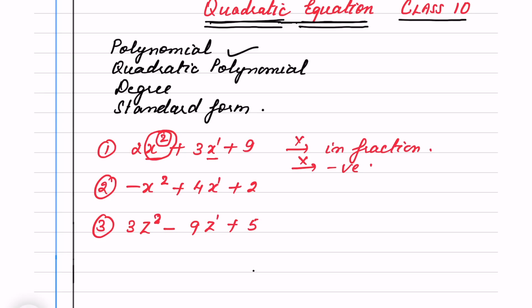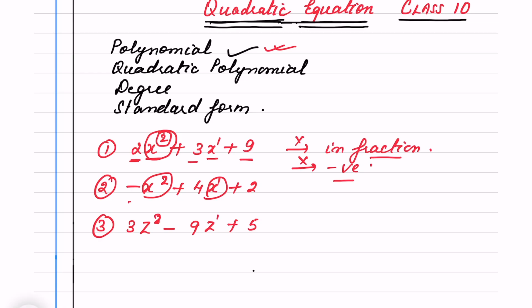I am just revising it. Only the variable's power must be a whole number, neither a fraction nor negative. But the numbers, the coefficient of x square, the coefficient of x or the constant number, can be any real number. So we have to see whether it is a polynomial or not. That is the definition of polynomial.